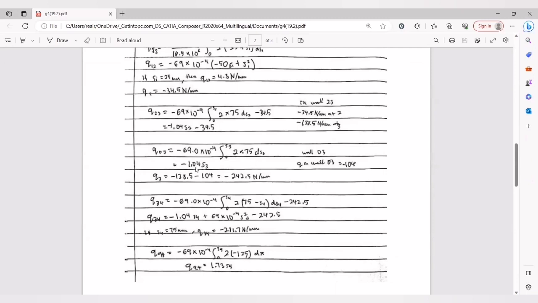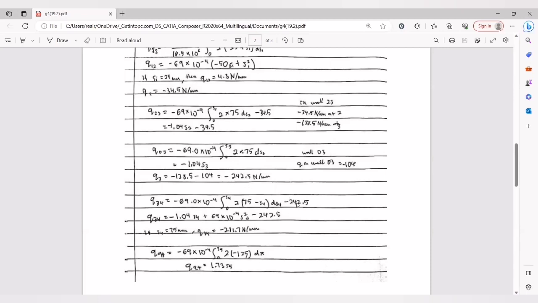So we get like this, and then we add both at point 3 in wall 2 to 3 and wall 0 to 3. Wall 0 to 3, we know that it is negative 104. So by adding both, we get negative 242.5.